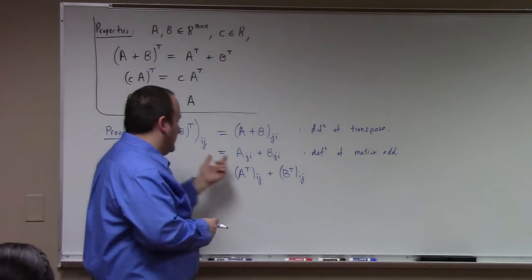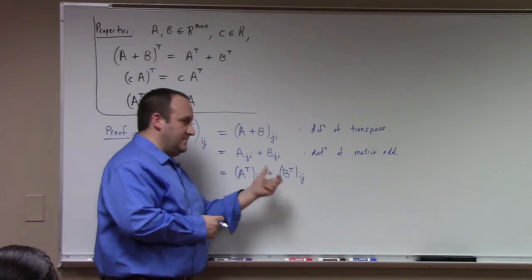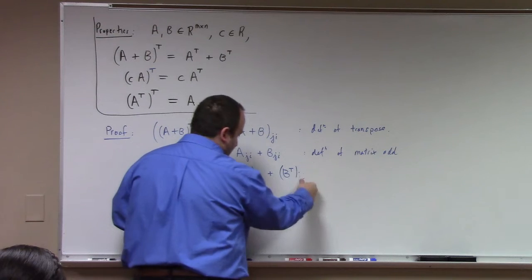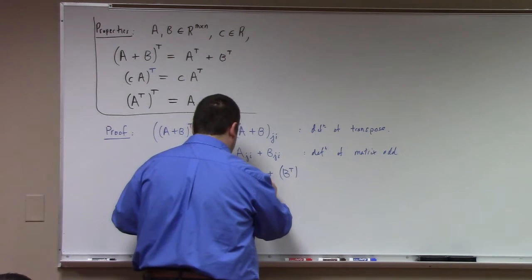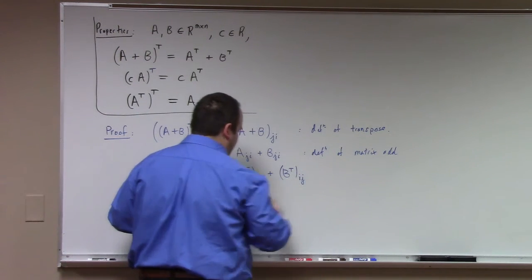If you want to make the transpose disappear, what do you have to do? You flip the indices. And you see I just made a mistake here. Oopsie, oh, actually that was fine. Sorry, I apparently shouldn't talk to people and write.